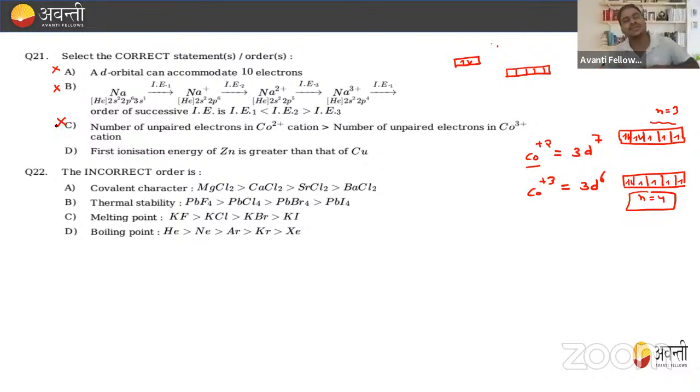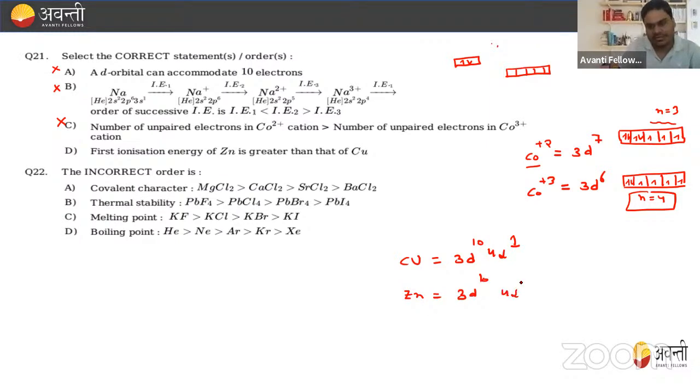So what is the correct option? That is nothing but D. D is the correct option. How? Because the first ionization enthalpy of zinc is greater than that of copper. How is it possible? Copper has the electronic configuration 3d10 4s1, and zinc has the electronic configuration 3d10 4s2.